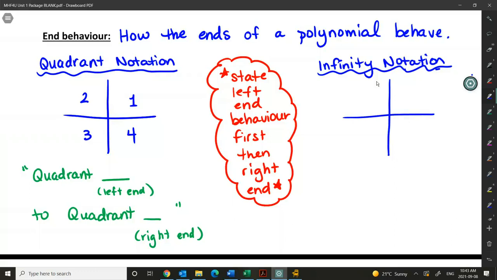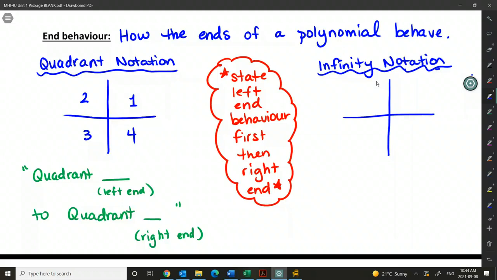With infinity notation, I want to say what's happening on the left and what's happening on the right. I'm always going to tell what's happening on each side by saying my graph is going up or going down. The way that I say that is a more formal, mathematical way of saying it, but that's basically what I'm telling.